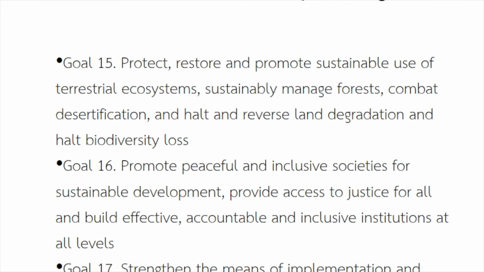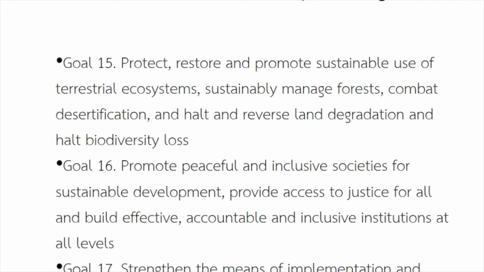Goal 15 is to protect, restore and promote the sustainable use of terrestrial ecosystems, sustainably manage forests, combat desertification, and halt and reverse land degradation and biodiversity loss. As you can see, this goal includes several different smaller goals. Take, for example, the sustainable management of forests. Forests are a very important part of our environment because forests provide us with so-called forest ecosystem services.